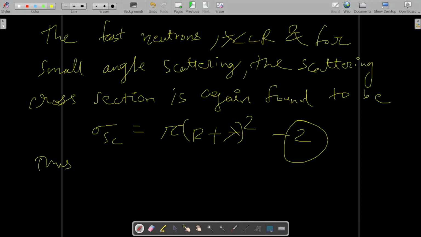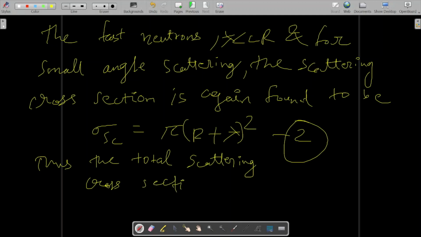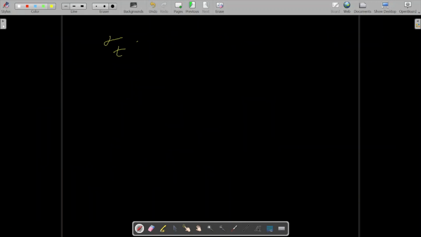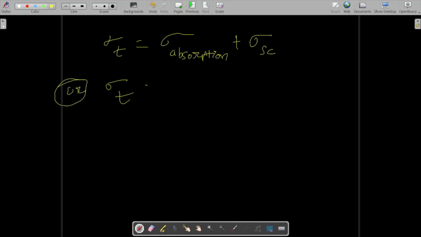So thus the total scattering cross section sigma t is equal to sigma absorption plus sigma SC, that is, sigma t is equal to 2 pi (r plus lambda cut) squared.